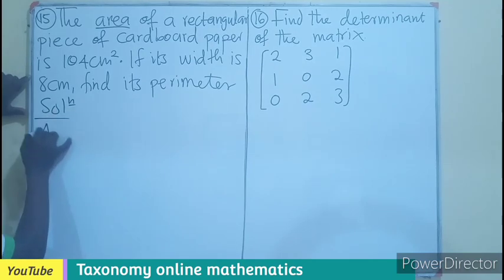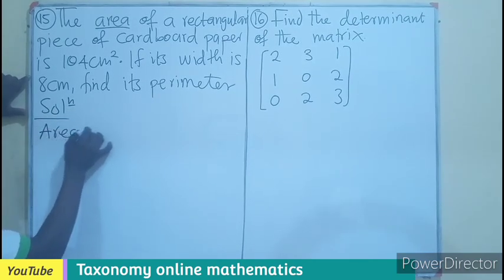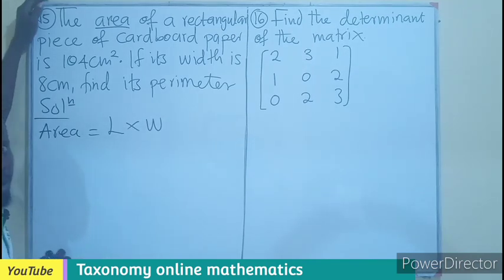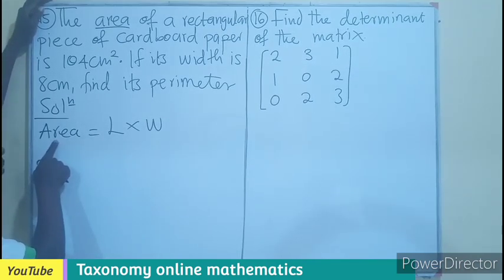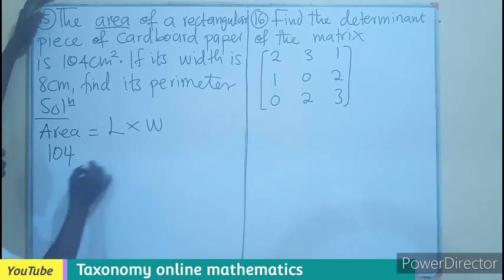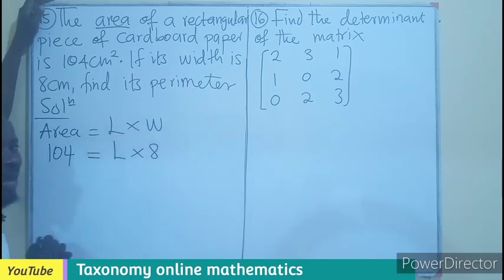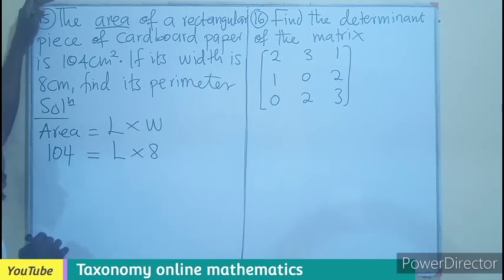So we know area of a rectangle is the length times what? The width. Whereby in this case the area has been given to us as 104 centimeters square equals the length we don't know, the width we know as what? 8. So what do we do?